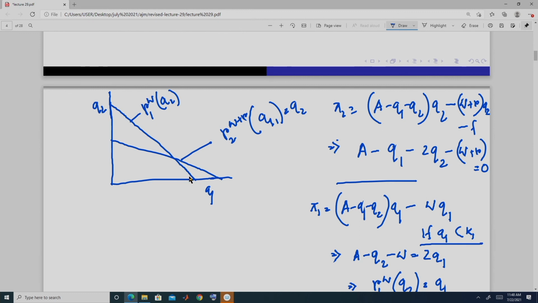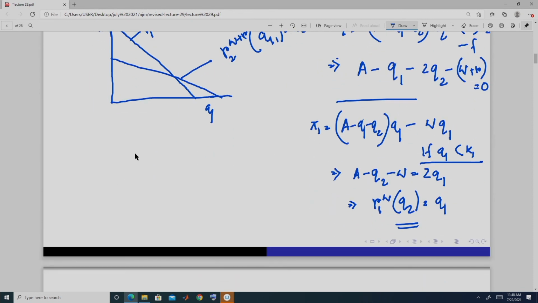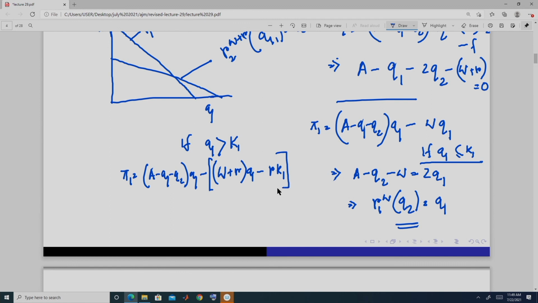So, we get this, and the reaction function, if output is greater than this, then it will be producing till its K1 based on this capacity.